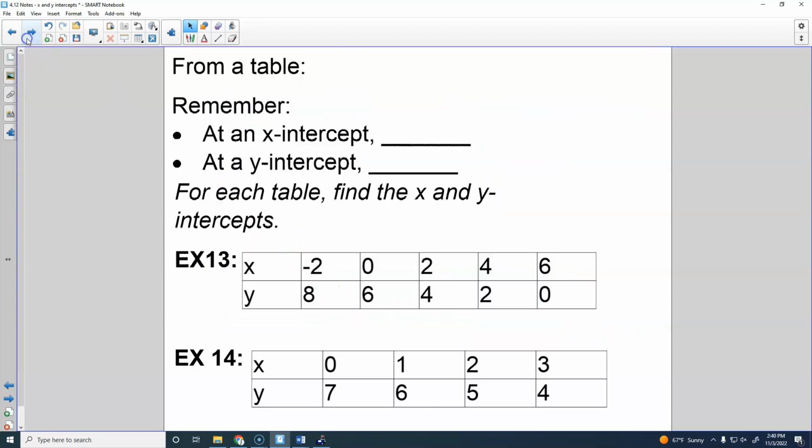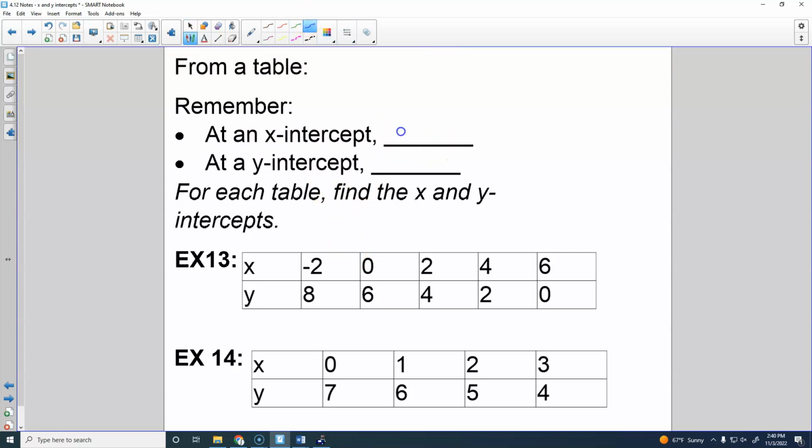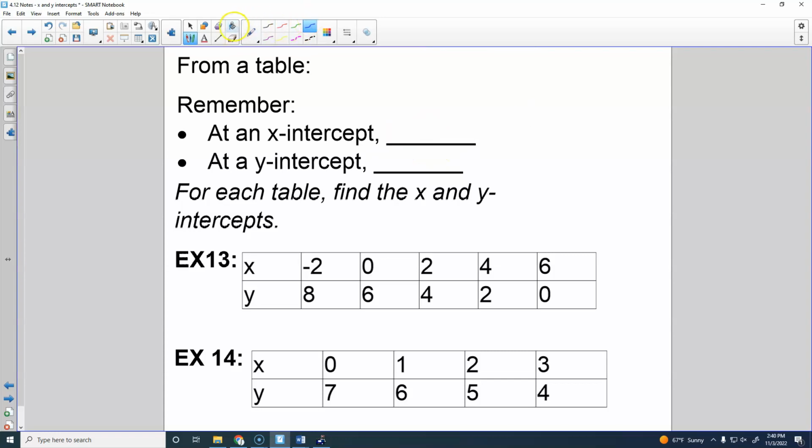All right, here's the last thing, and we've really already done this for y-intercepts. We're going to be looking at tables. So, at an x-intercept, we must remember, what does y equal?